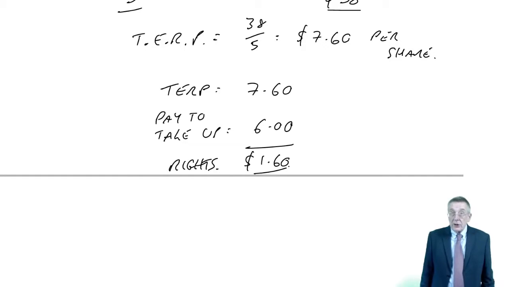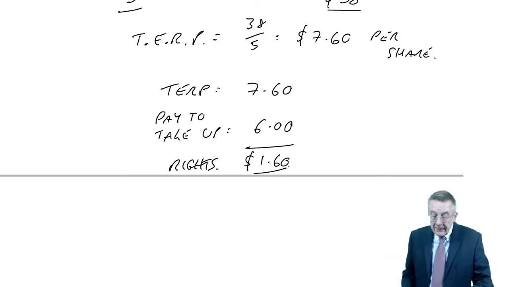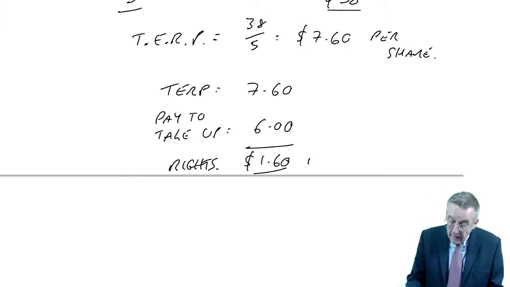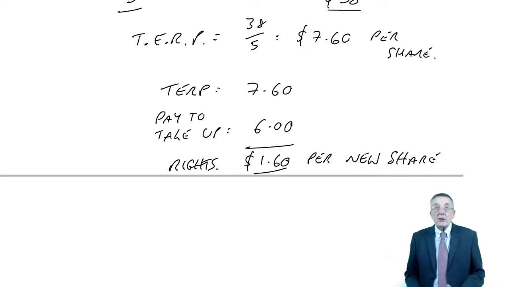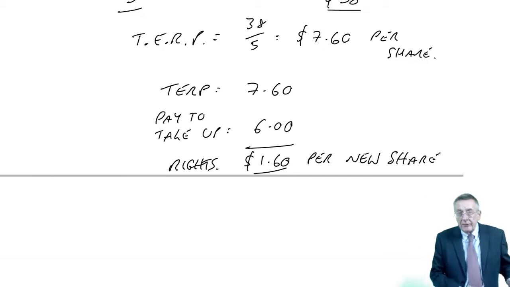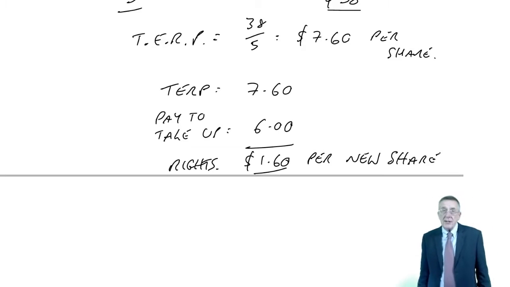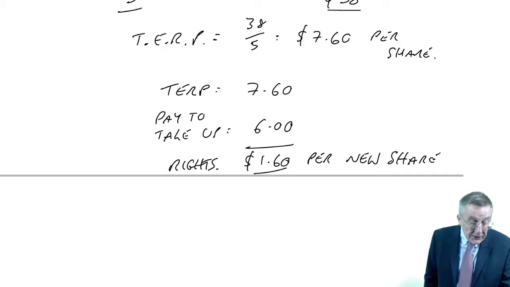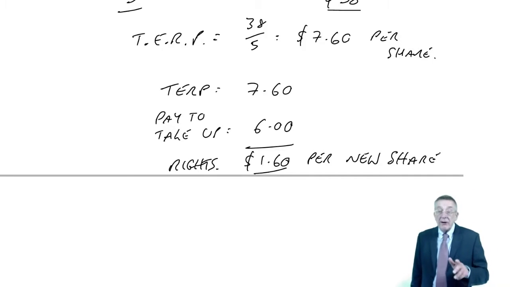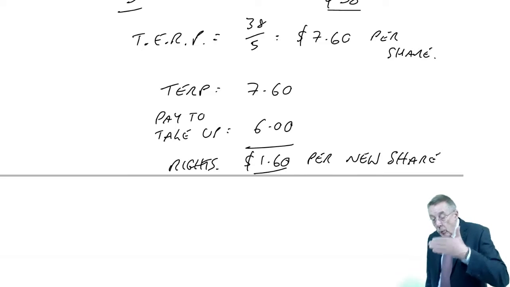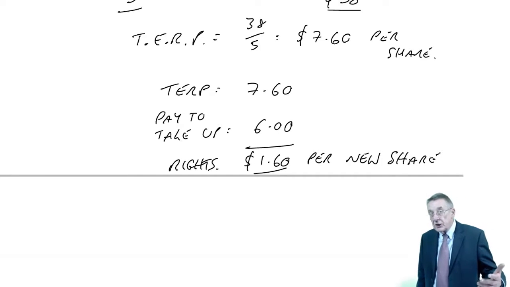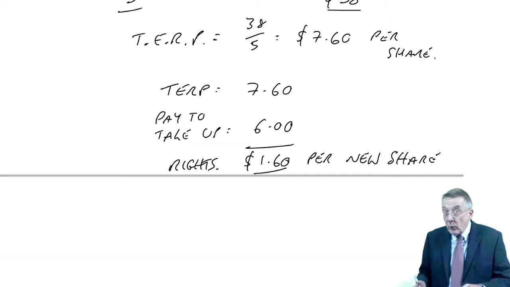Now that is one of the choices, but do be careful here. That is the value of a right per new share. So for every new share you're offered, you can sell the rights for $1.60, but that's not what's asked for. It's the value per existing share. So to get that one right, how many existing shares did you need? You needed 4 existing.